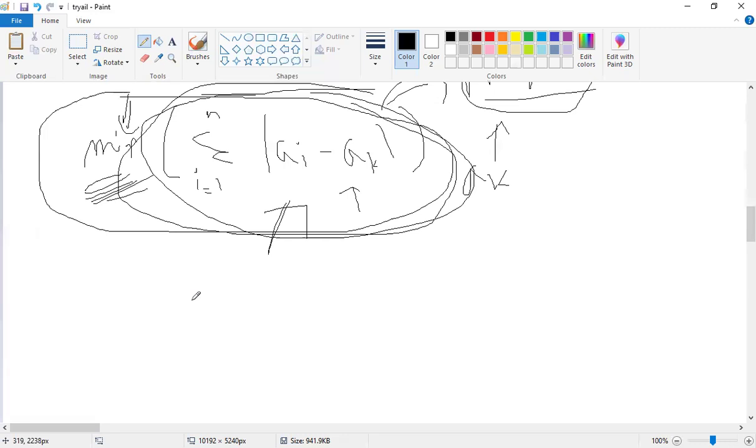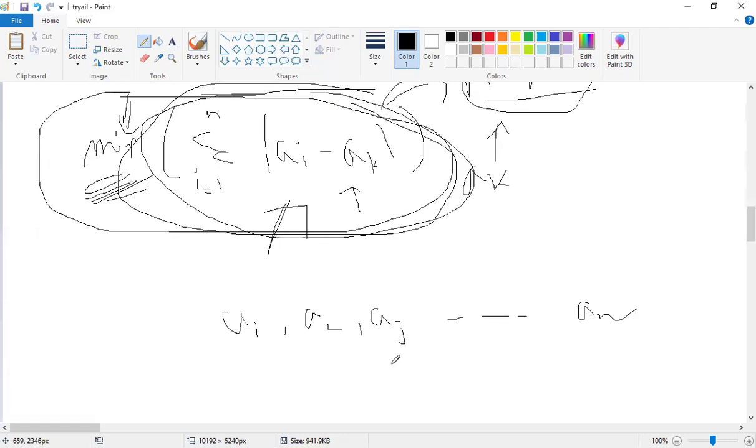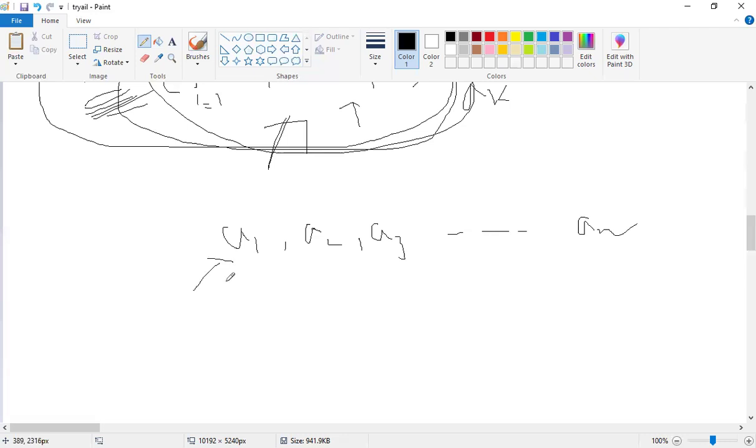Let's say A1, A2, A3 in increasing order, meaning these are in sorted order, and so on up to AN. We do not touch anything with that. If this is in sorted order, this is the minimum value, and this is the maximum value.